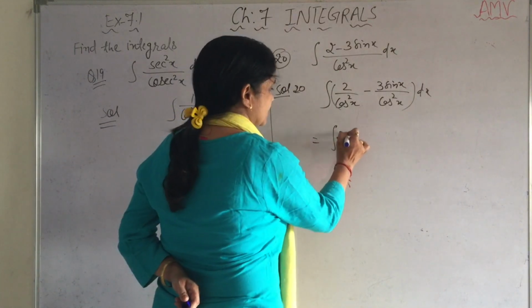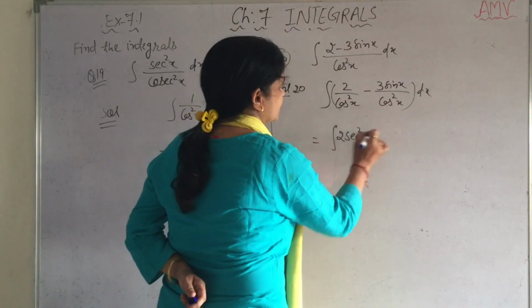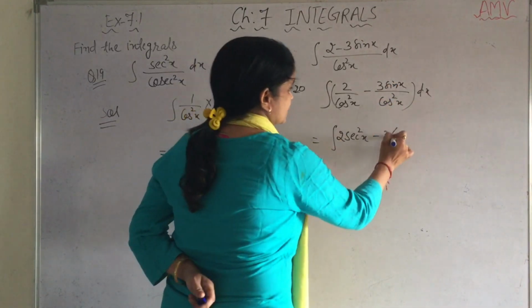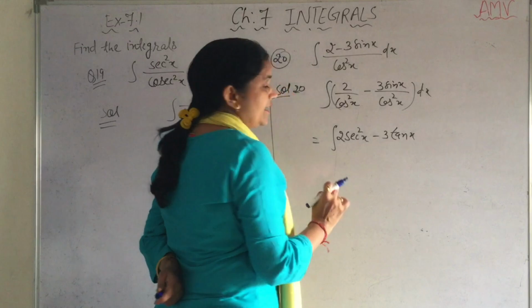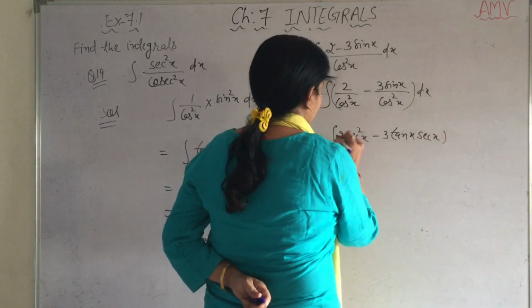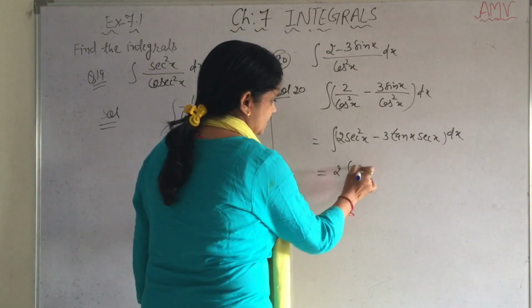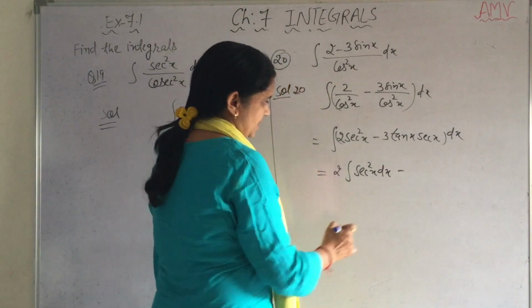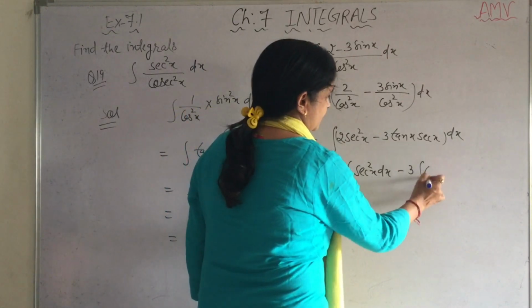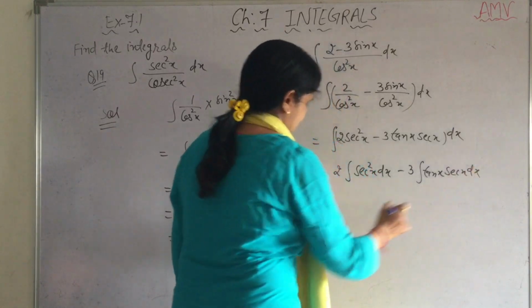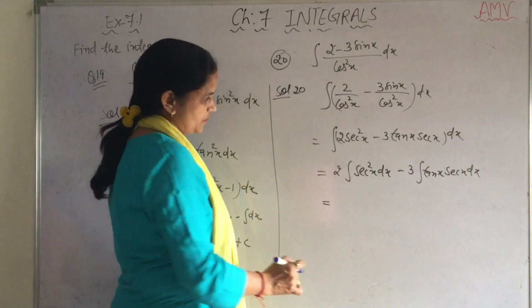Write as it is, so it is sec square x minus here 3, sin x by cos x is tan x, and 1 by cos x is sec x. Now write as it is: integration of sec square x dx minus 3 integration of tan x sec x dx.